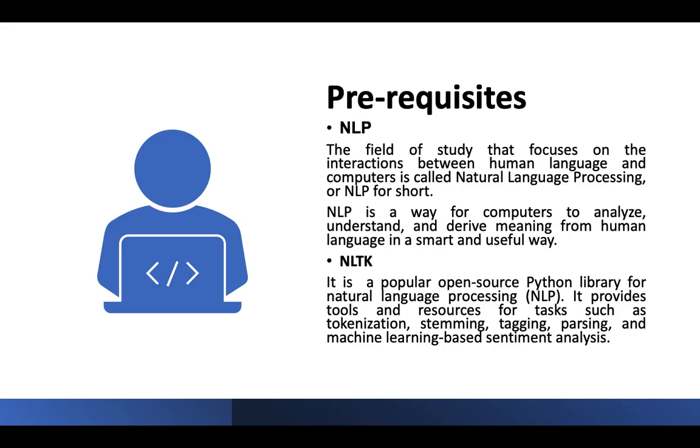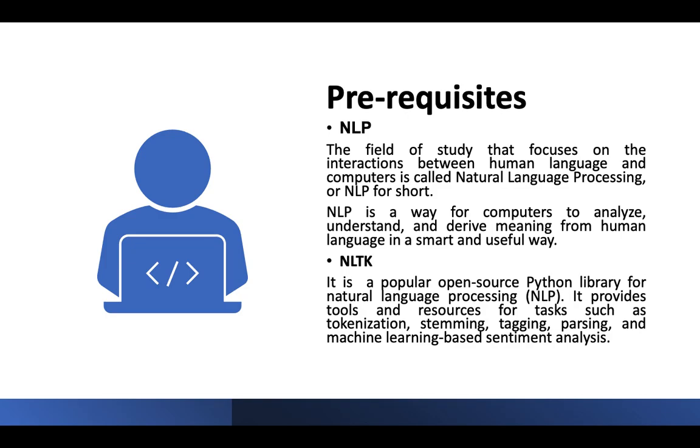So now let's understand some basic terms before moving on further. First, let's talk about what NLP is, an abbreviation for natural language processing. NLP is a field of study that focuses on interaction between human language and computers, or we can say it is a way for computers to analyze, understand, and derive meaning from human language in a smart and useful way.